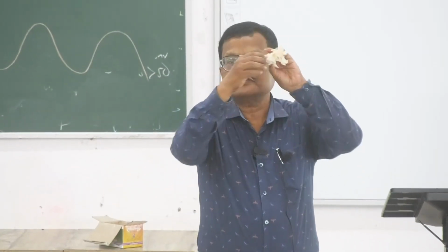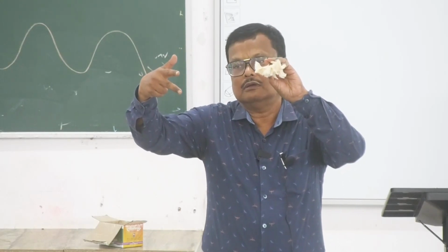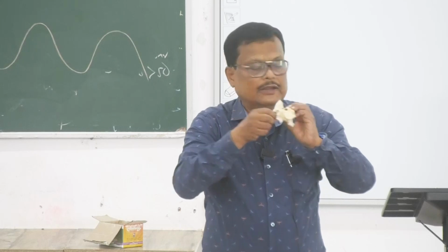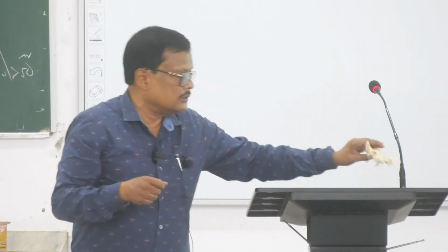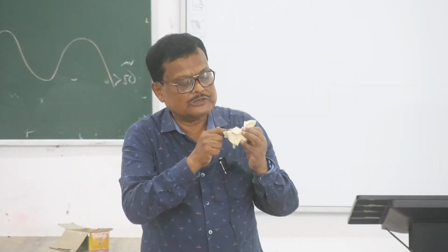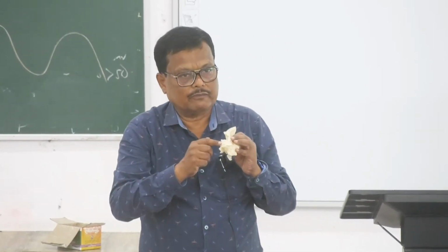So this canal is between the two roots of the lesser wing. In the skull, it lies backwards. So this optic canal represents the apex.